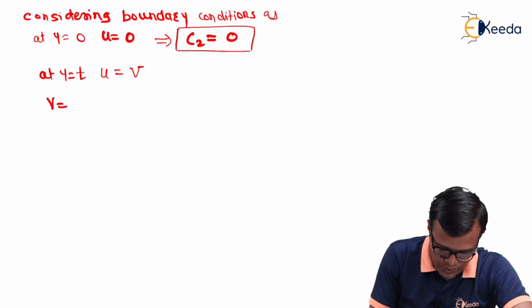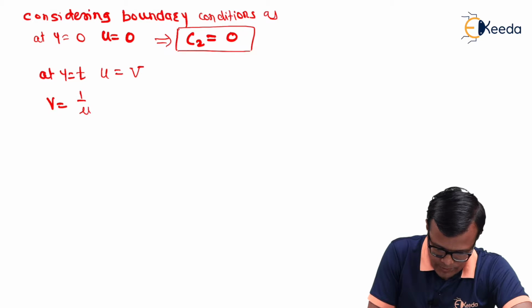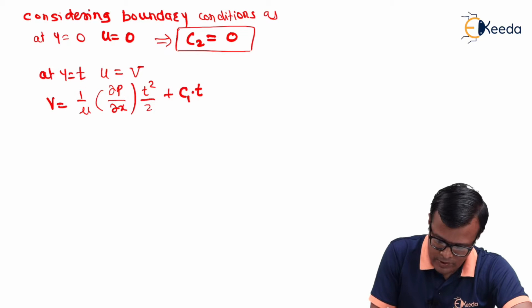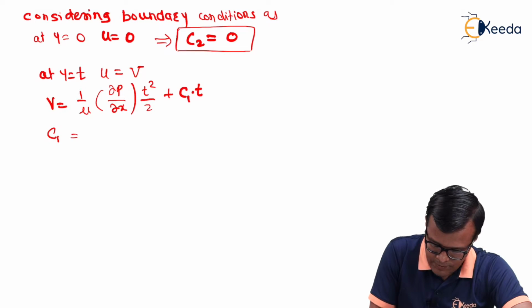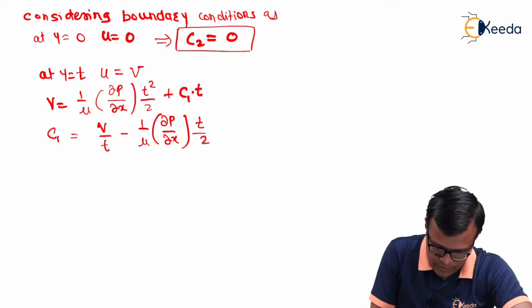Our equation becomes V equal to 1 upon mu ∂P/∂x t square upon 2 plus C1 into t. Here we can find the value of C1 as V upon t minus 1 upon mu ∂P/∂x into t upon 2.